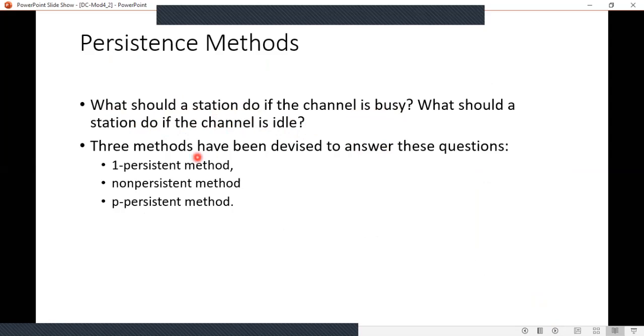We will look at these three methods of solving this problem, that is, what to do when a station sees an idle channel and what to do when it sees a busy channel. There are three procedures: the one-persistent method, the non-persistent method, and the p-persistent method.